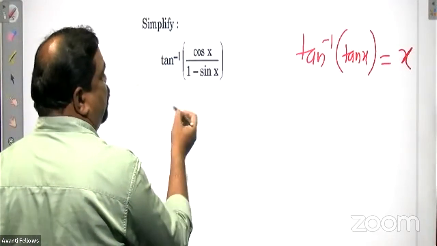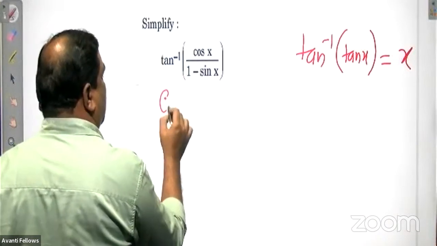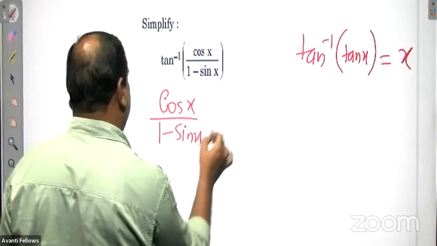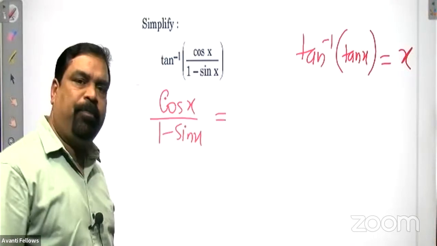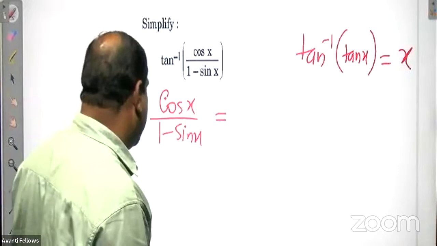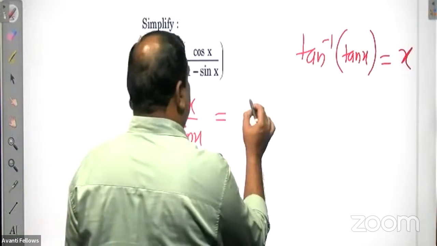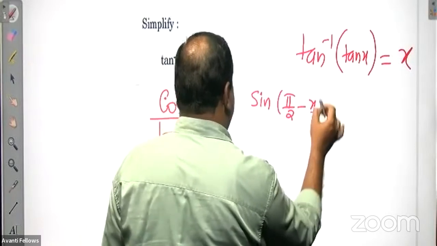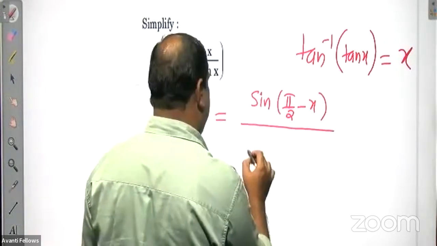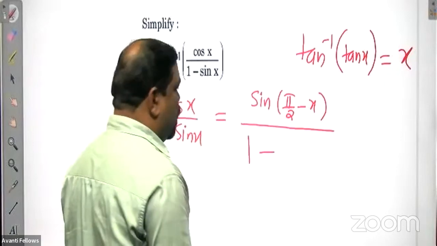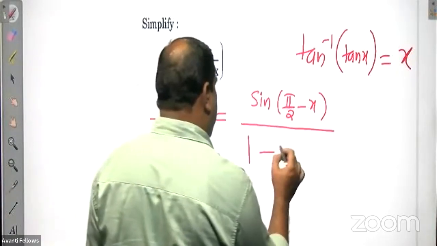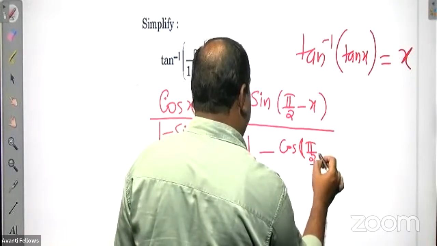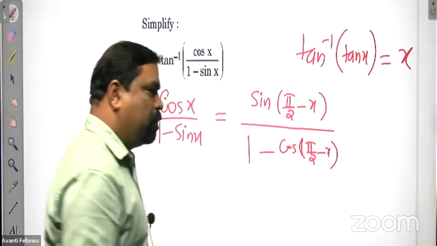How to do it, actually. Consider cos x by 1 minus sin x. I will write this cos x as sin of pi by 2 minus x, divided by 1 minus, and in the denominator, sin x I will write as cos of pi by 2 minus x.